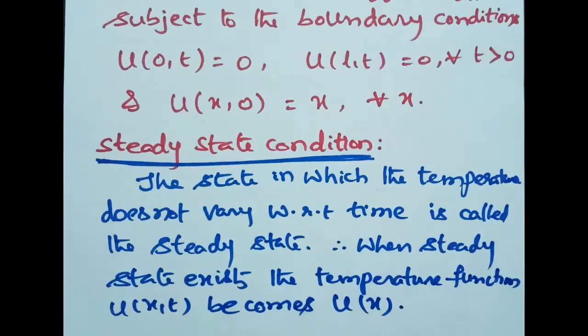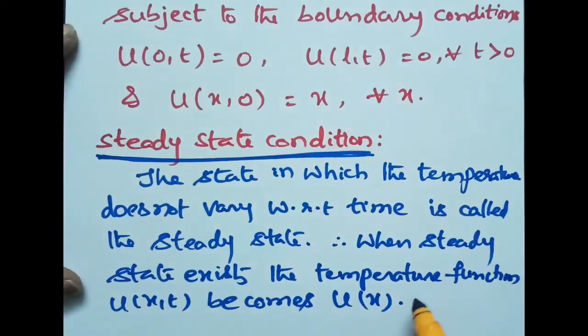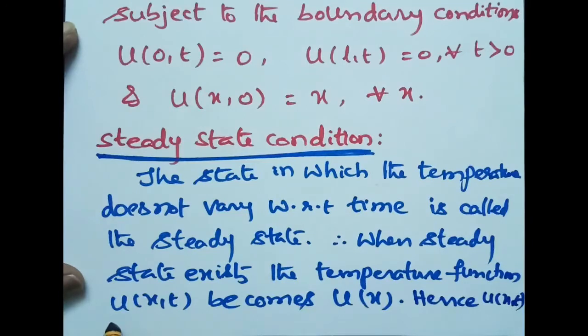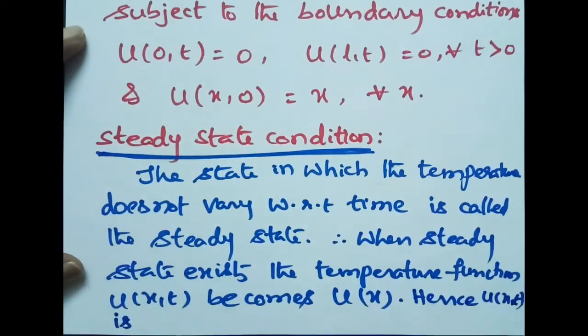That is, u of x comma t is a function of x alone. Hence, u of x comma t is a function of x alone.